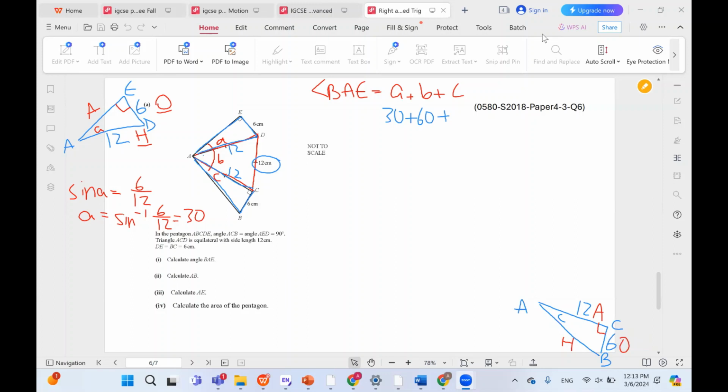So we have opposite and adjacent, so we can use TOA. So tan C equals opposite over adjacent. Again, C would be inverse tan of 6/12. And you can use your calculator for that. This would give us 26.6.